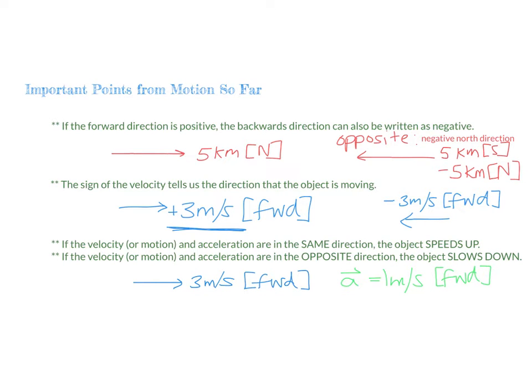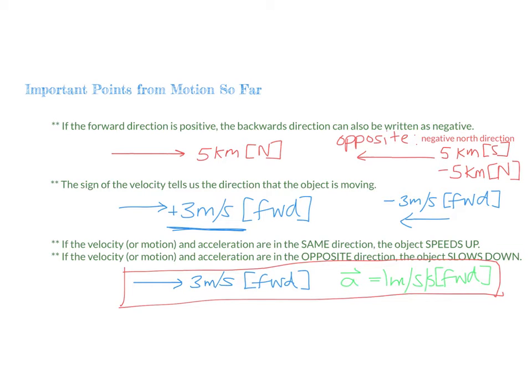In this case, my object is going to speed up because I'm starting out going at 3 meters per second forward, and every second I'm going to add another 1 meter per second. So 1 meter per second each second. I started out at 3 meters per second. The next second I would add another meter per second, so I'd be going 4 meters per second.